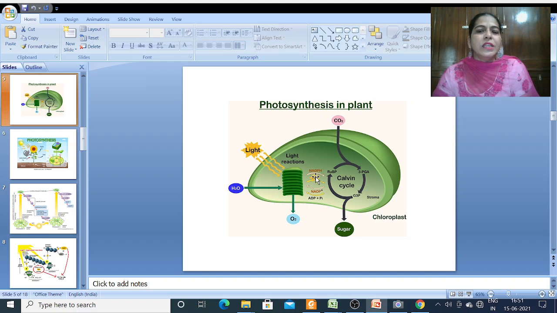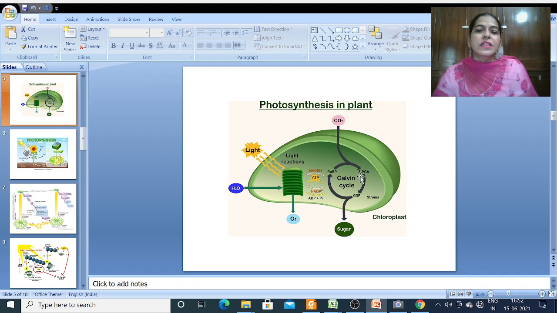This ATP as well as the reducing power of NADPH is used in the next, light independent reactions, which we call the Calvin cycle, where RuBP, that is ribulose 1,5 bisphosphate, in the presence of carbon dioxide is utilized by the enzyme RuBisCO, that is ribulose 1,5 bisphosphate carboxylase oxygenase.